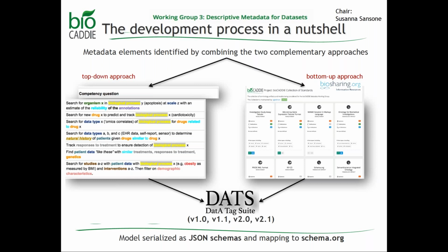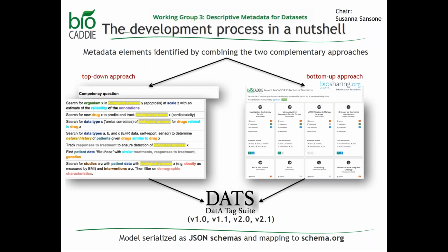The important thing to emphasize is that it was derived both from a use case approach, which we call a top-down approach shown on the left-hand side, as well as a bottom-up approach that looks into what metadata we already had and tries to reconcile several metadata strategies in order to come up with the minimal specifications for DATS, which is the Data Tag Suite, based on the same principle as JATS, the Journal Article Tag Suite.